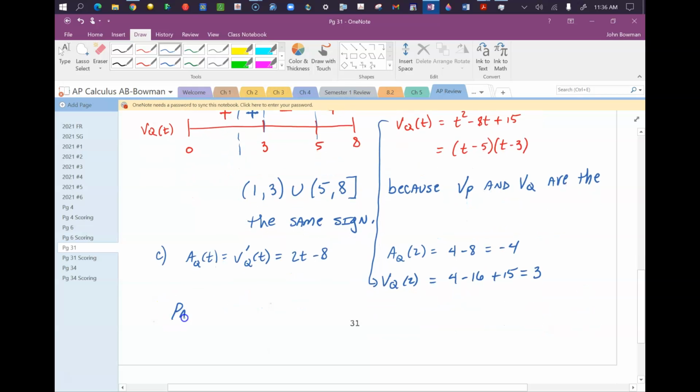So particle Q is slowing down. Let me rephrase that.